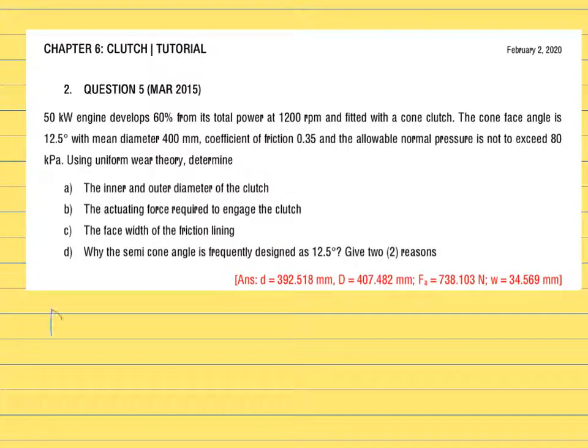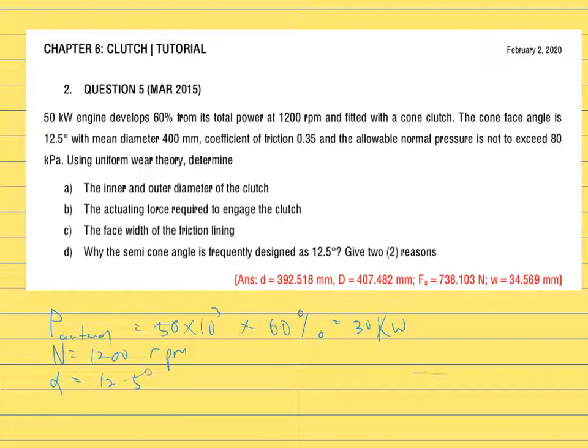So first, P1: given 50 kilowatt, only develop 60%, so we get 30 kilowatt. Given also the speed, which is 1200 revolution per minute, and the cone face angle, 12.5 degree.